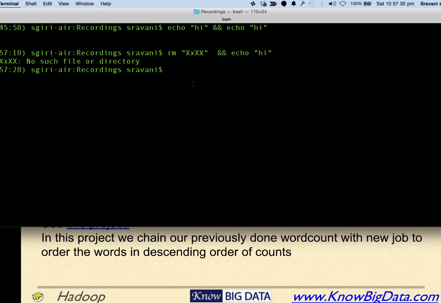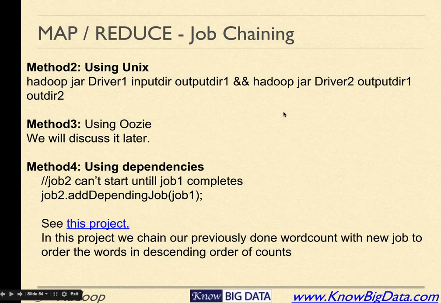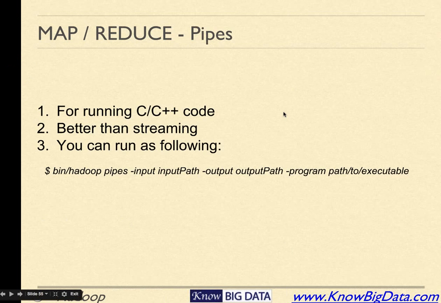Now you see the second statement did not get executed. These are little tiny utilities provided by Unix: if you have to make sure that the second command gets executed only if the first one succeeds, you write them in the format cmd1 ampersand ampersand cmd2. Cmd2 will get executed only once cmd1 succeeds.